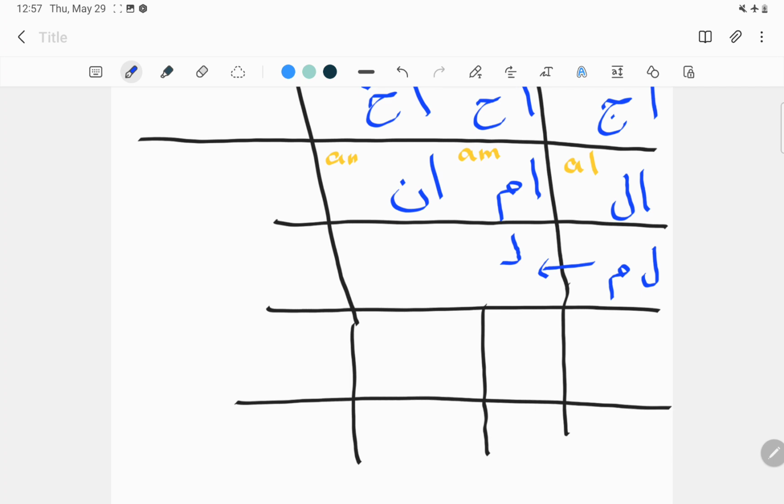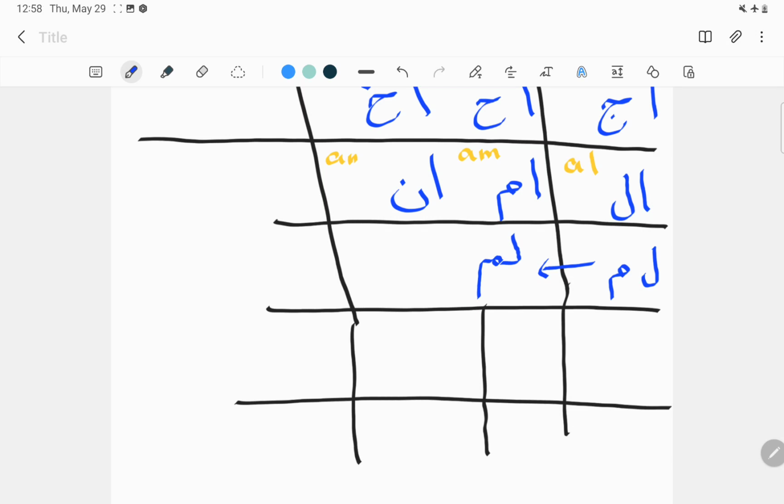We said anything that should be under the line should be gone completely. That becomes on the line itself. The second letter is meem, so we make a little circle with a leg.